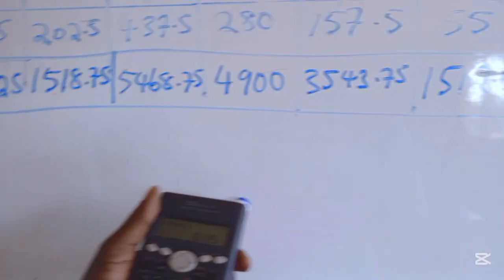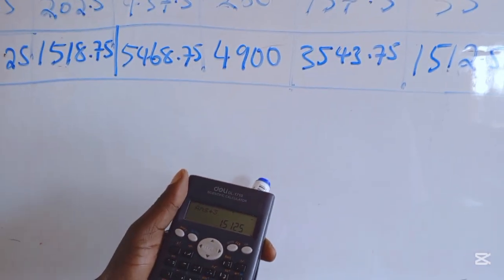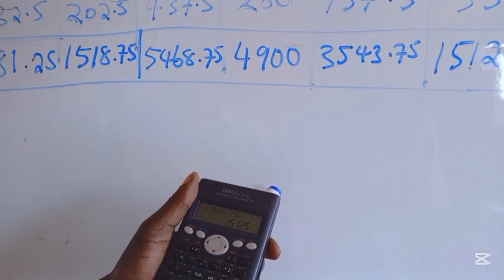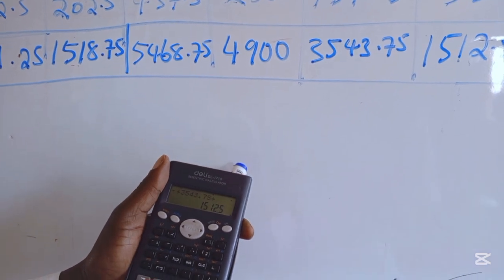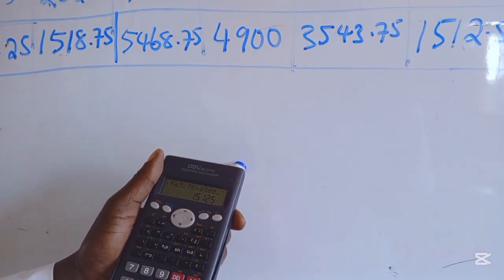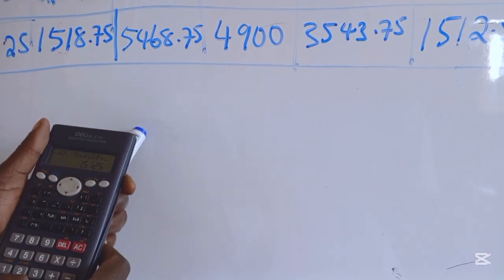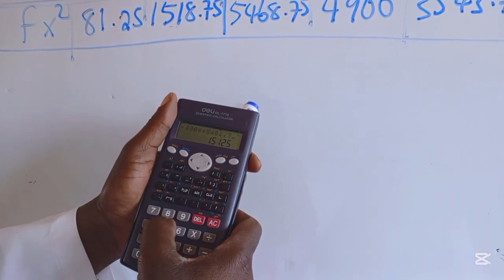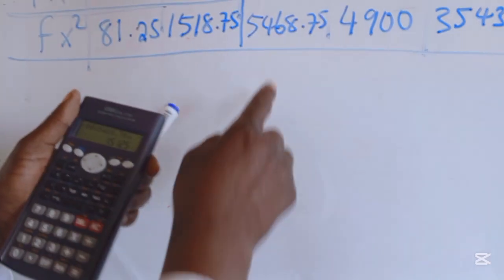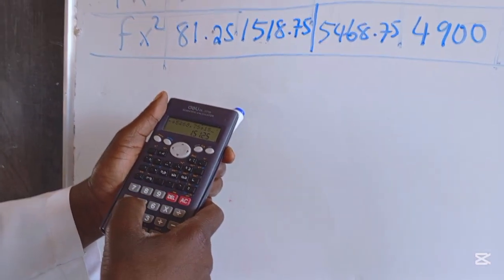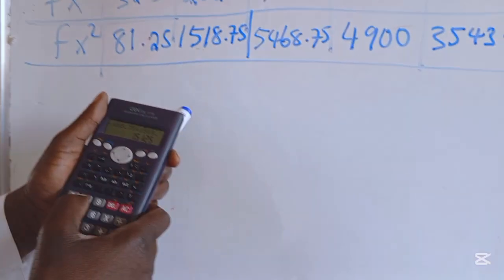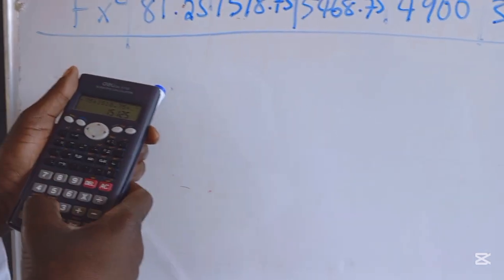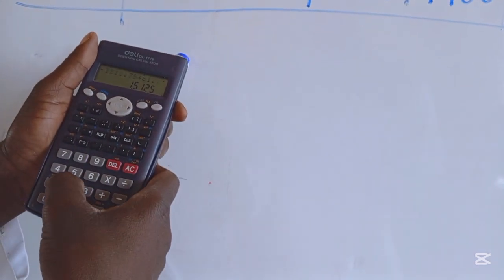So this number should be added to 3543.75 plus 4,900 plus, you agree with me, 5468.75 plus, I'm adding, please, 1518.75 plus, I'm adding the last number, 81.25.